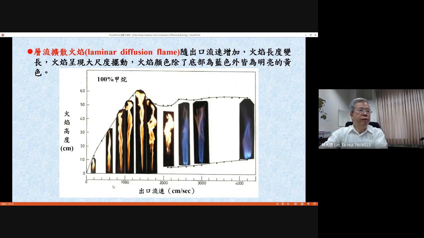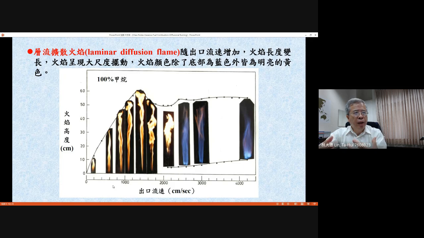The second observation is the flame color. Basically, it is yellow. This is a typical appearance for a diffusion flame, as we explained earlier for the candle flame, because the inside of the diffusion flame accumulates a lot of carbon particles in the high temperature region.